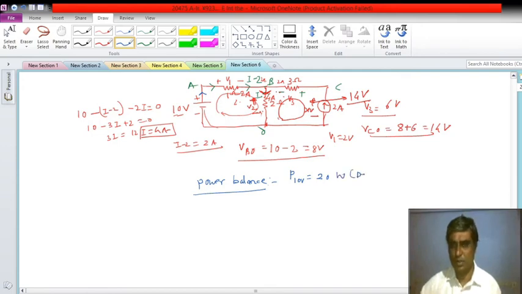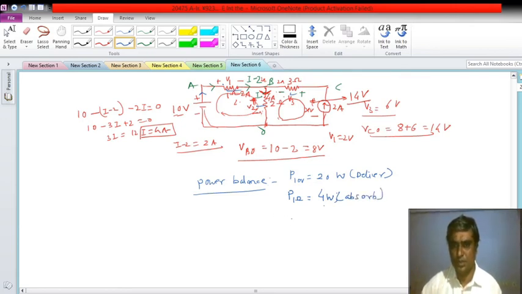It will deliver the power. Now these 3 resistors will definitely absorb it, so let us calculate one by one. Power absorbed by the 1 ohm resistor will be, V is how much? 2, and current is 2, so it will be 4 watt. So it will absorb.